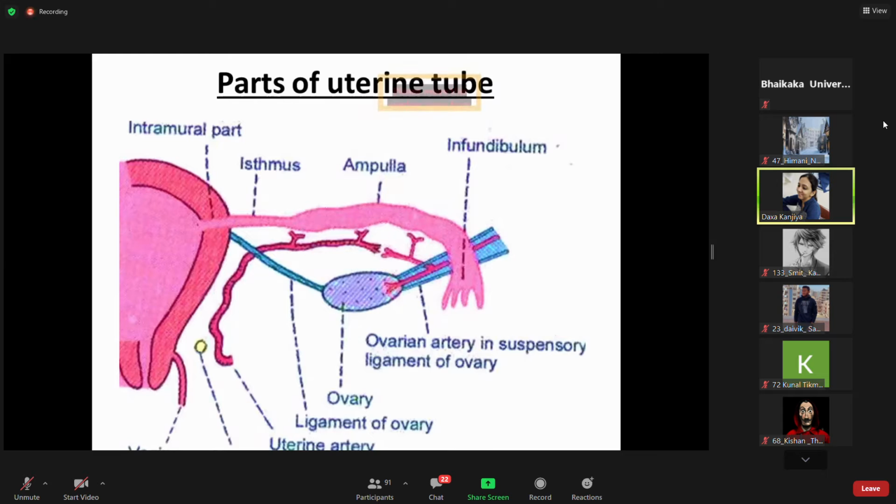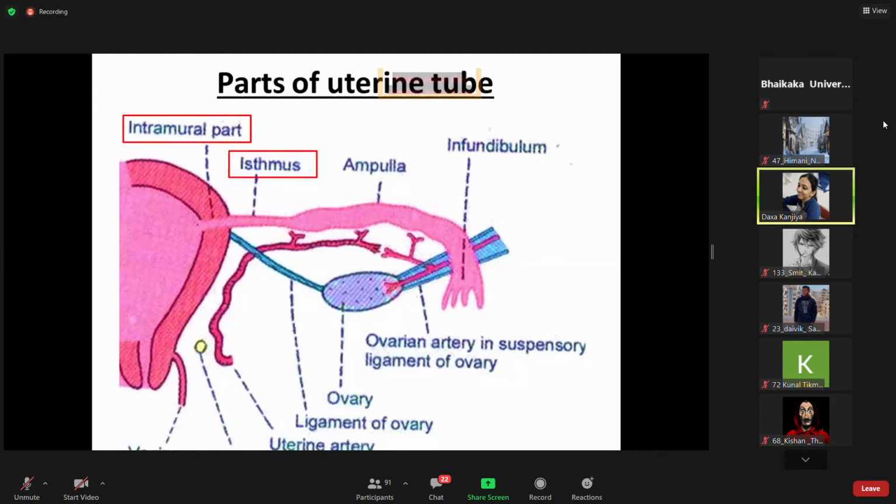Now, which are the morphological parts of the uterine tube? Very, very important. It can be asked in your viva also. So from medial to lateral, it will be divided into four parts. The part which lies within the wall of the uterus, that is intramural. Mural means within the muscular tissue.